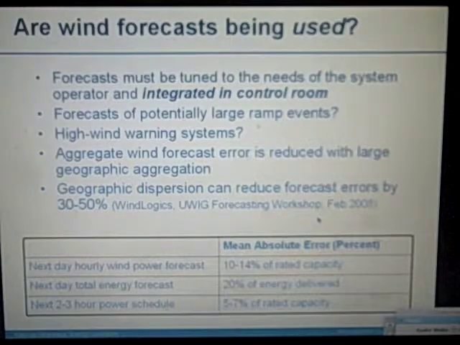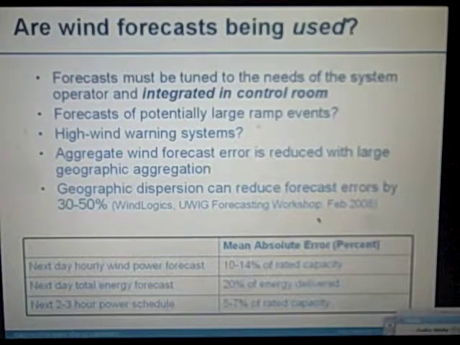And we think here at the lab that one of the key things that needs to be done is that you want as good of a forecast as you can get, but you also want a forecast that meets the need of the system operator and a forecast that you can deliver in a timely manner to the system operator so that the system can be run in a way that makes some sense. We are seeing more interest in forecasts of potentially large ramp events like the one that I showed you a few minutes ago from Texas.